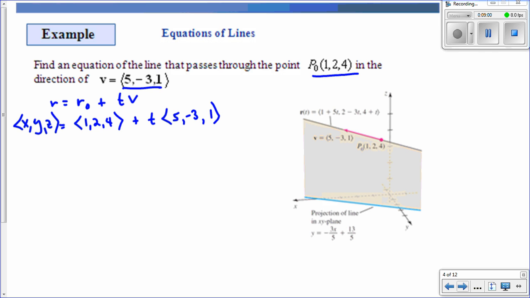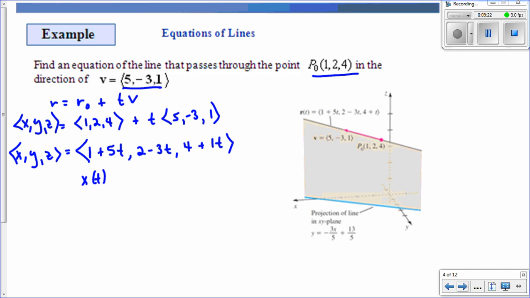So we have 1 plus 5t for the first component, 2 minus 3t, and 4 plus 1t. Or you could write as x of t, 1 plus 5t, y of t would be 2 minus 3t, and z of t is 4 plus 1t.